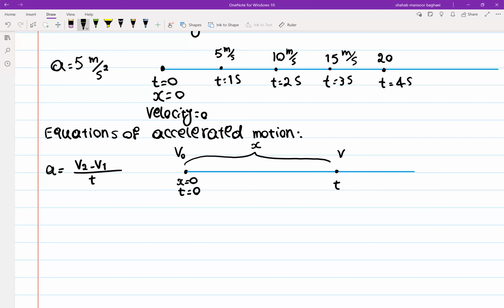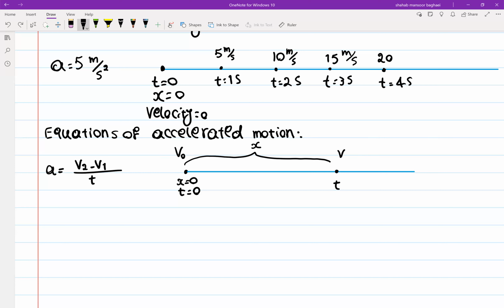Therefore, you have two velocities. The first one is v0, that's initial velocity, and you have velocity at t, or arbitrary position. It is v.